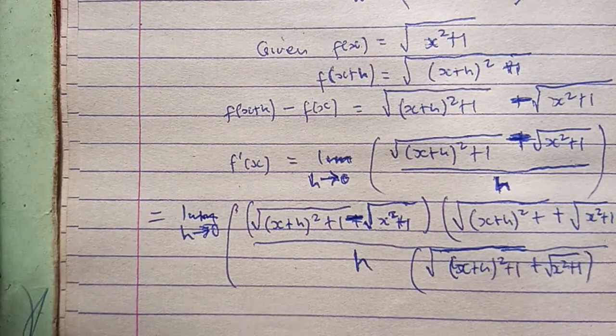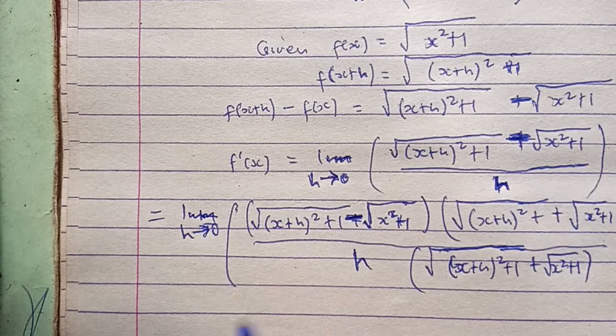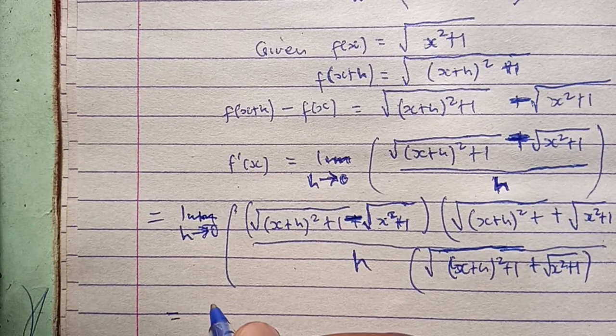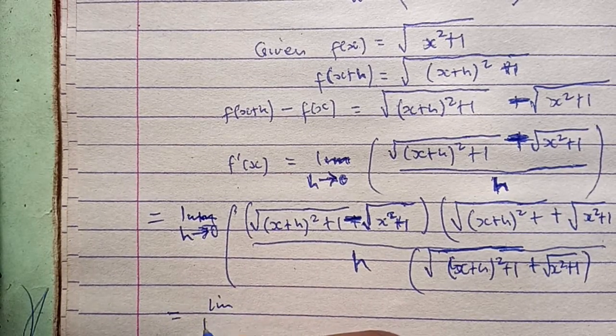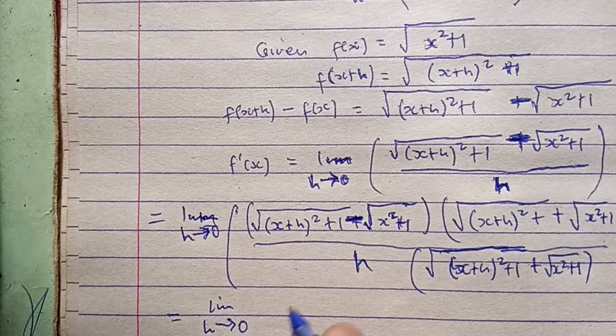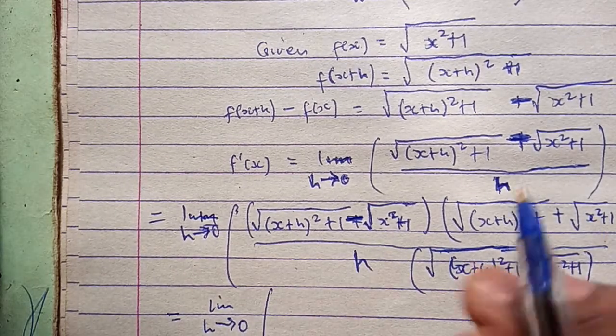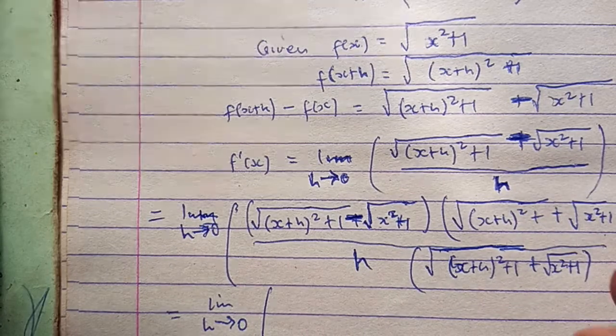Now moving forward, we'll have this one as a difference of two squares, so have it as lim as h approaches 0 of the whole of this. So this multiplying by this, what will we get, guys?